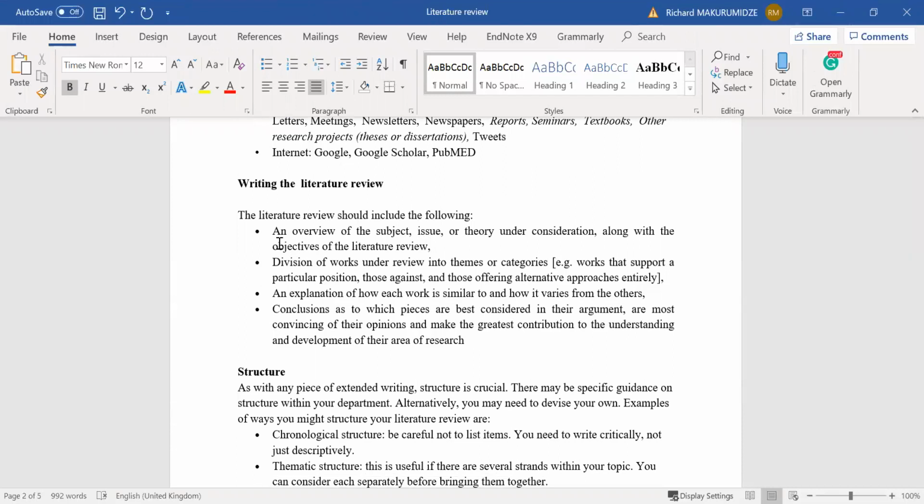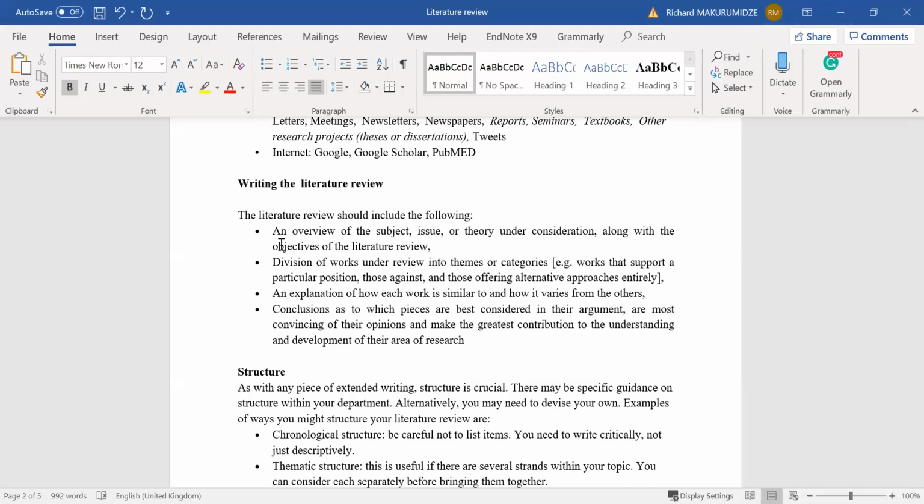For example, you don't just write your literature review continuously. You can write it based on the themes or the objectives of your research. Then, as you write, you should include an explanation of how each work is similar to and how it varies from other studies. Then each literature review should always have a conclusion.